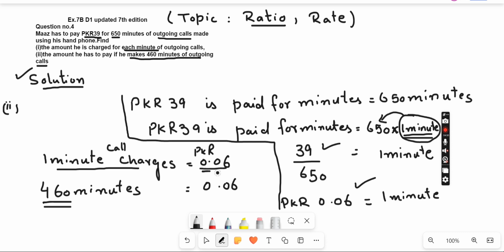This is the money he is paying for 1 minute, so for 460 minutes you will multiply this with 460 and your answer comes 27.6 dollars, or whatever unit is mentioned in the question, you'll use the same one. So this is your question number 4.